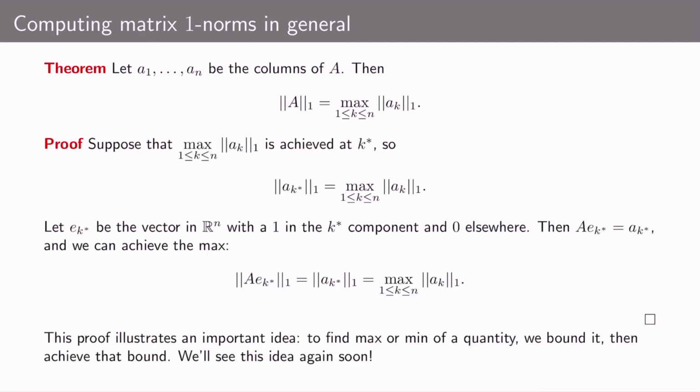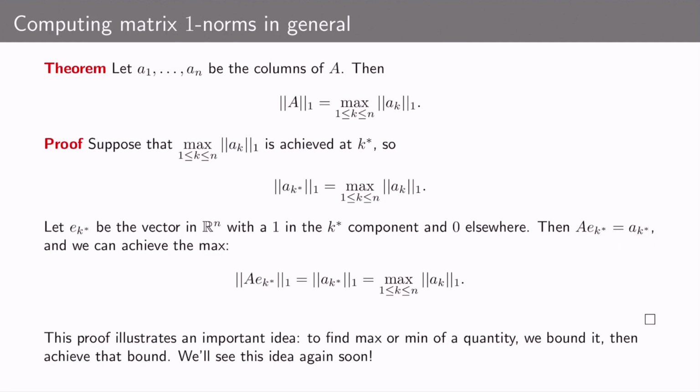Let's look at the maximum over the norms of the columns of A. This maximum must be achieved at some particular index, let's call it k star, so that the norm of a_k star is equal to the maximum over the norms of a_k. Let e_k star be the vector in R^n that has a 1 in the k star component and a 0 everywhere else. It is worth noting that this e_k star has a 1 norm of 1, and it picks off the k star column of A. This will be exactly the vector x that we plug in to achieve the max.